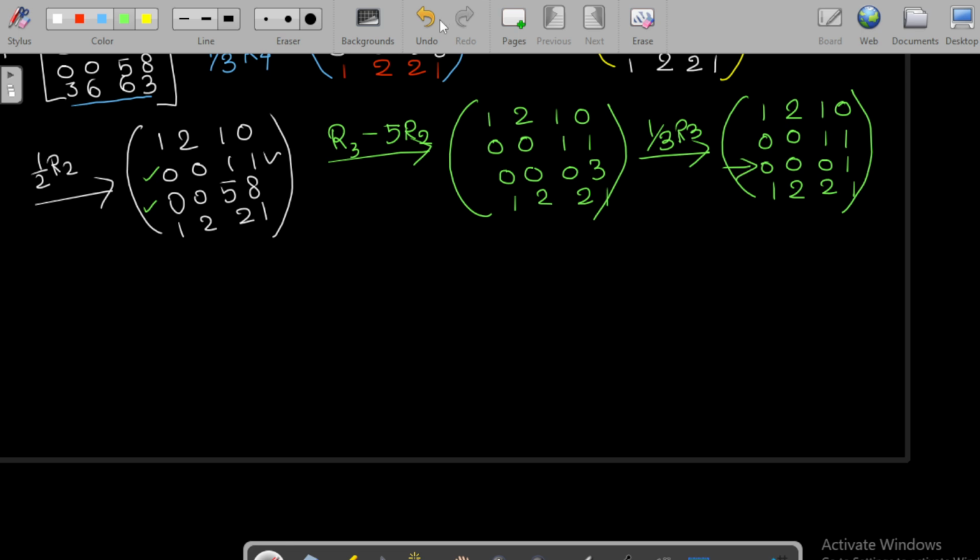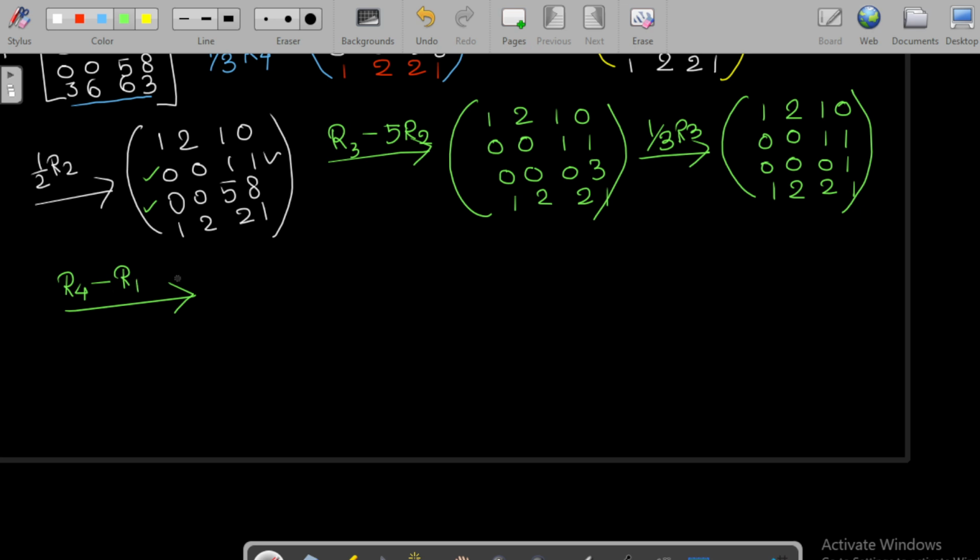Now what I am going to do is give the row operation R4 minus R1, subtracting the first row from the fourth row.